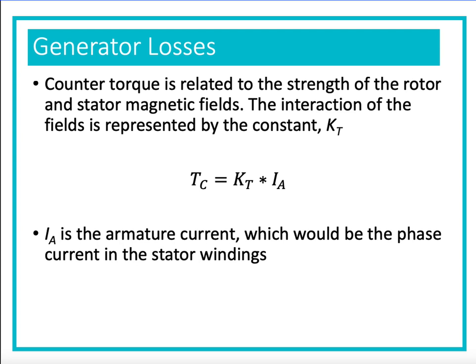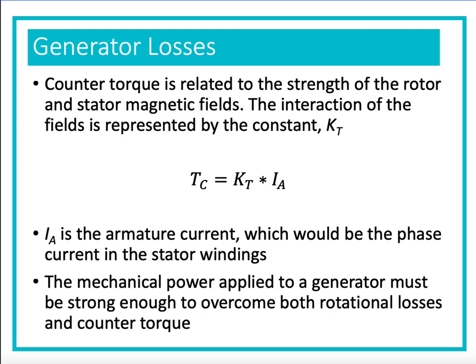The armature current would be the phase current in the stator windings. So we've talked about how to calculate line current and phase current depending on if you have a delta or Y connection. That would be the actual current in the windings of the stator. So in a generator, the armature current is the phase current in the actual windings that we have.